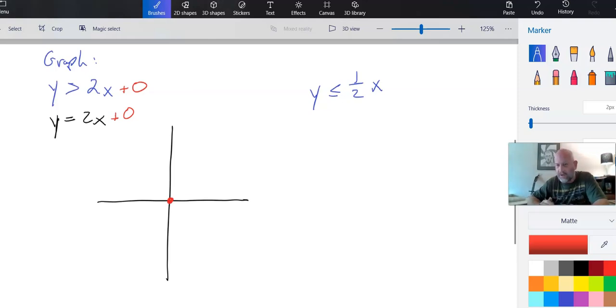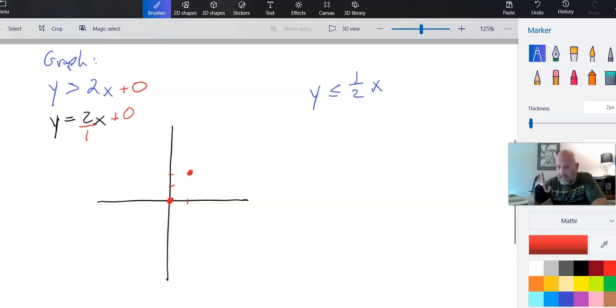Now I'm going to do this a little looser as we graph through this. I'm just going to kind of sketch the graphs. So I have 0, 0, and I have a slope of 2. Remember, all slopes are over 1. So that's 2 over 1, which means I count up 2 and to the right 1 for my second point. I don't want to draw the line yet.